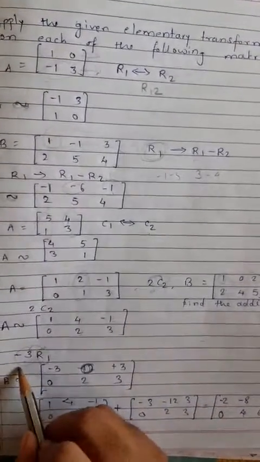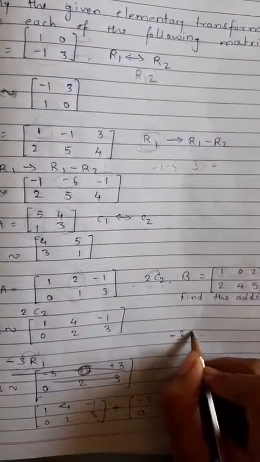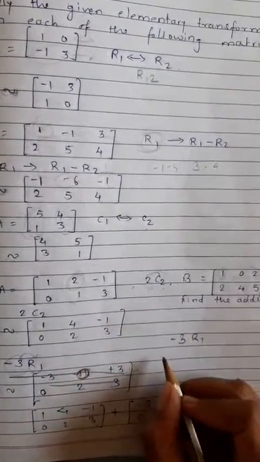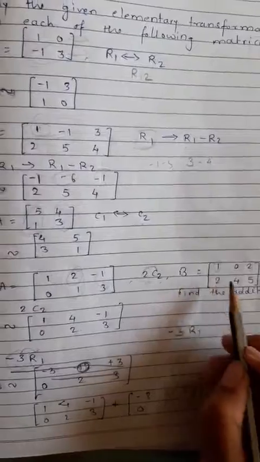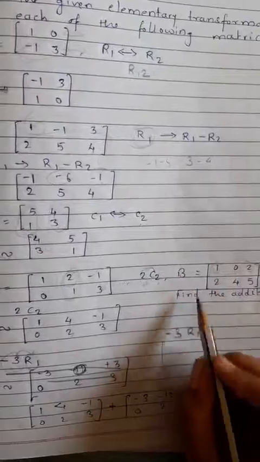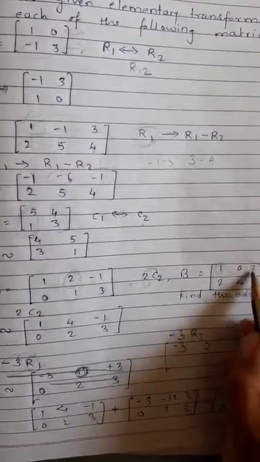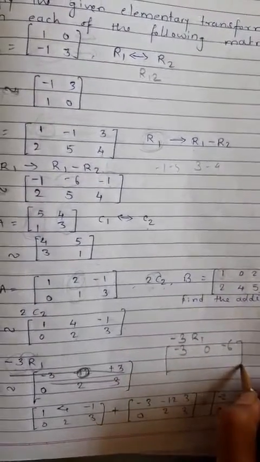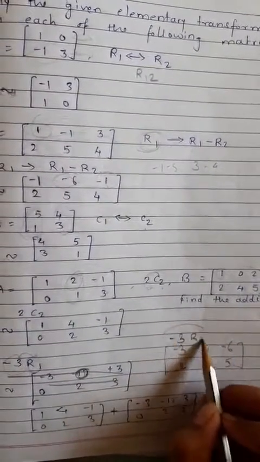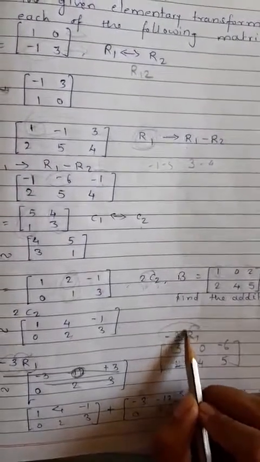Okay, wait, this whole thing is wrong, I have done it wrong, so I'll do it here. Actually by mistake I have taken this matrix, but we have to take this B. So minus 3 into 1 will be minus 3, minus 3 into 0 will be 0, minus 3 into 2 will be minus 6, and the second row will be as it is because they have asked to multiply only the first row by minus 3.